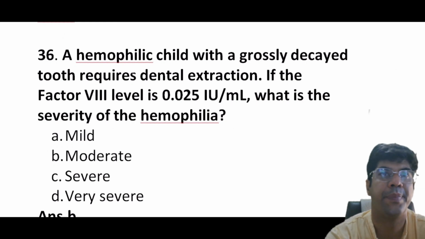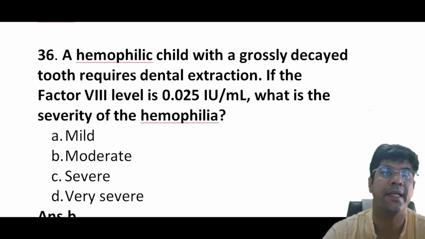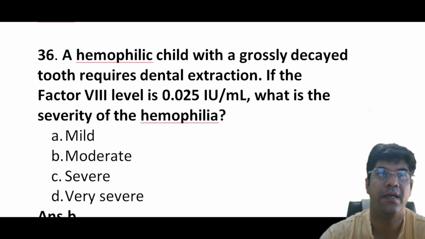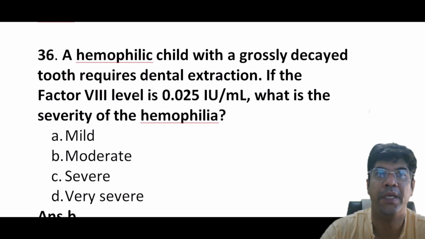A hemophilic child with a grossly decayed tooth requires dental extraction. If the factor 8 level is 0.025 IU per ml, then the severity of hemophilia is, remember, mild, moderate, or severe? The answer would be moderate.